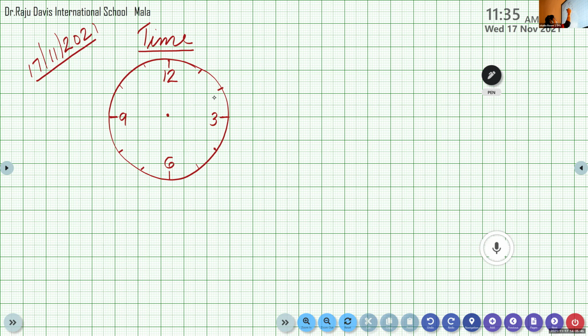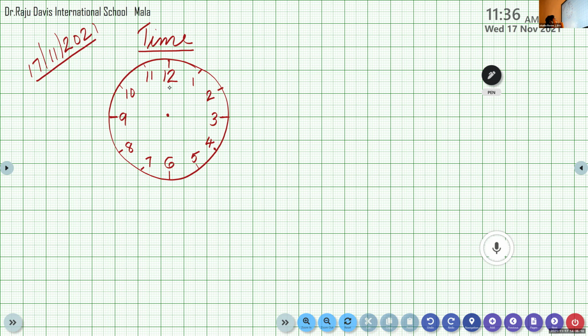Then we have to write the numbers. 1, 2, 3, 4, 5, 6, 7, 8, 9, 10, 11, 12. And next I'm going to draw the hands of the clock. So the long hand, minute hand is on the number 12.